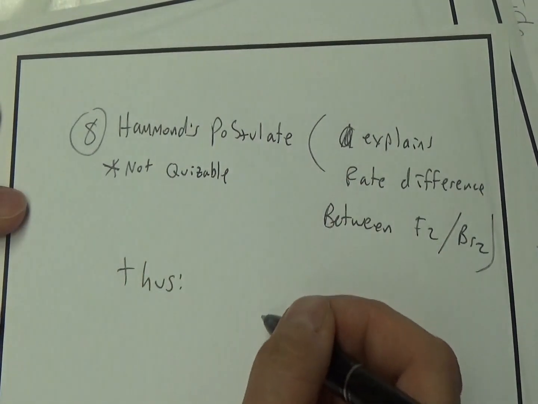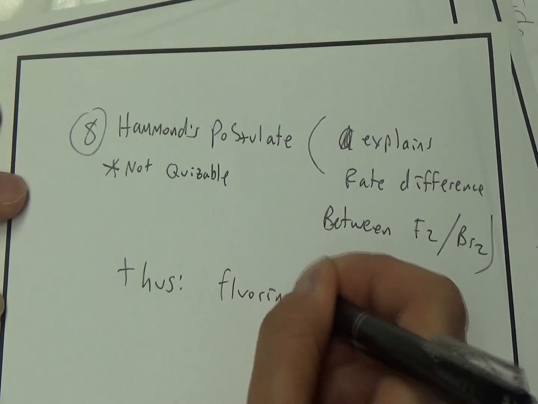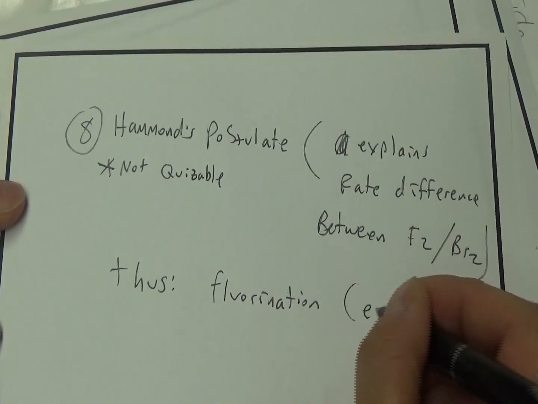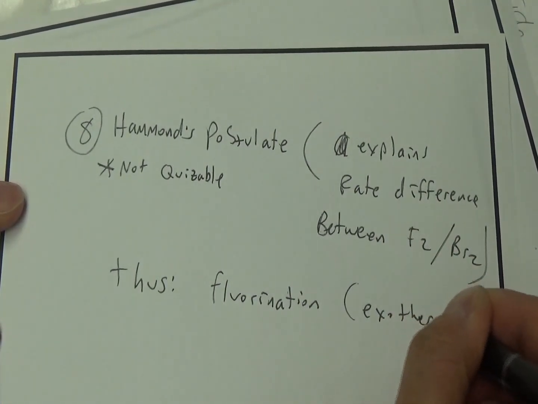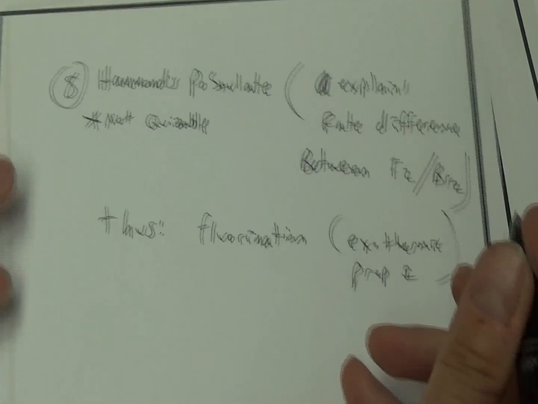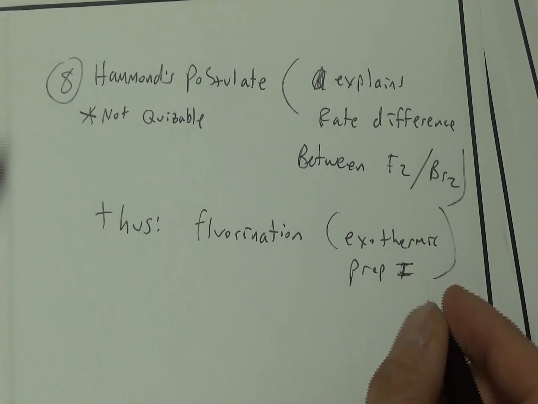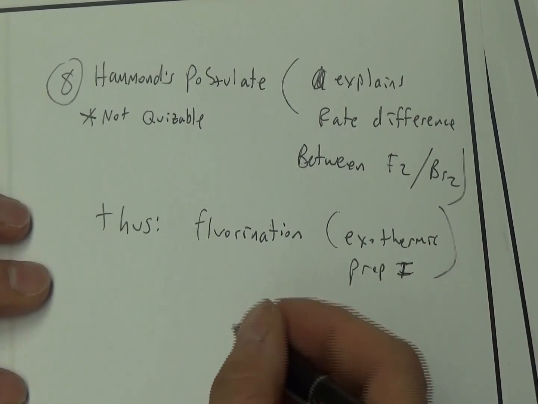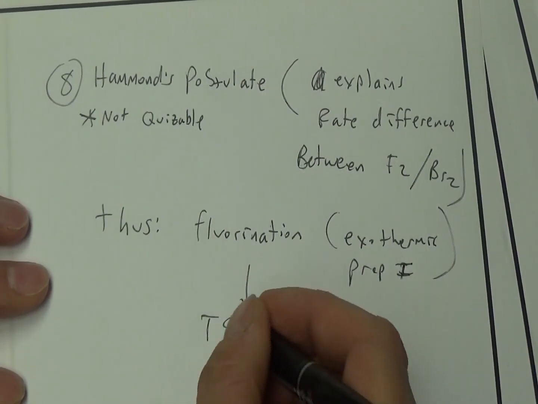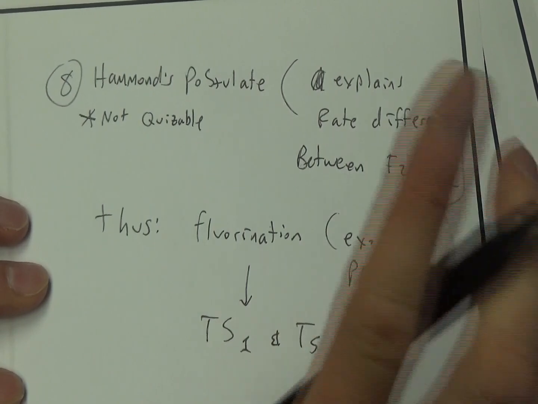Thus, fluorination is exothermic, propagation step 1 is exothermic, yeah. And that leads to transition state 1 and transition state 2.